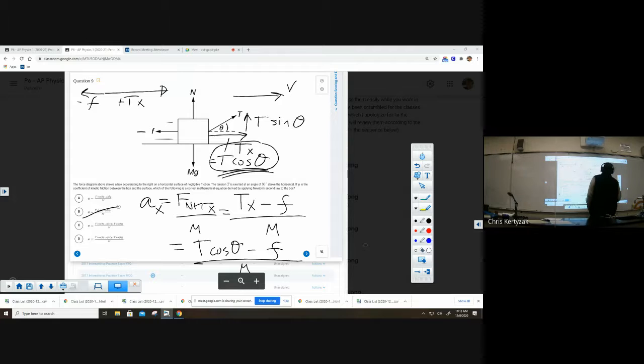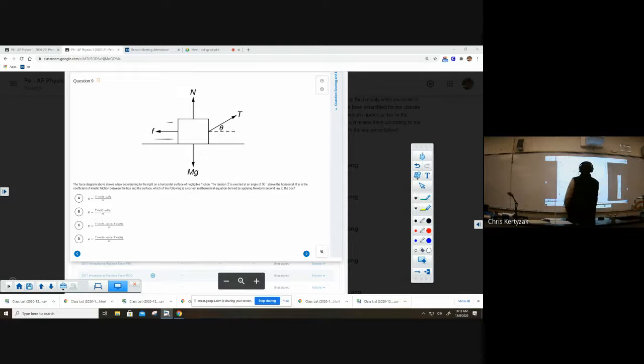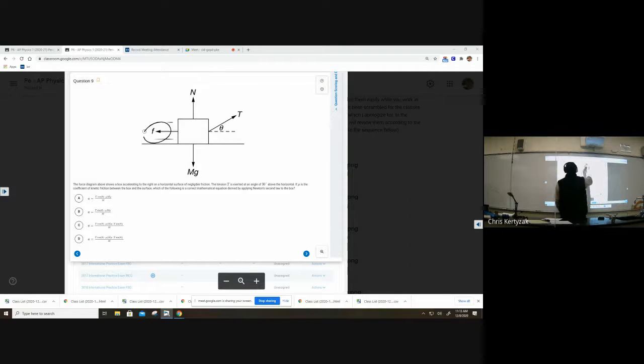What makes this far more difficult is now having to work out what the normal force is. The reason we have to work out the normal force is because the force of sliding friction is equal to the coefficient of friction times the normal force.